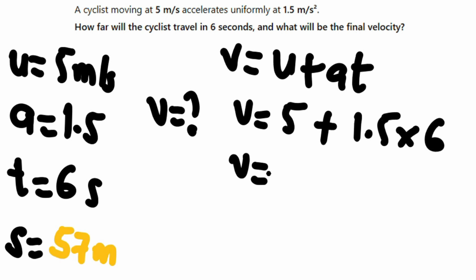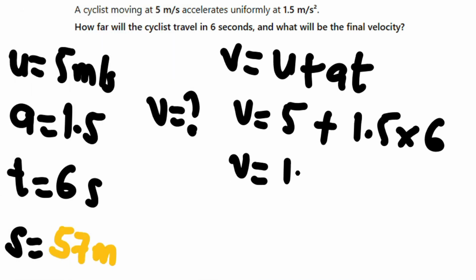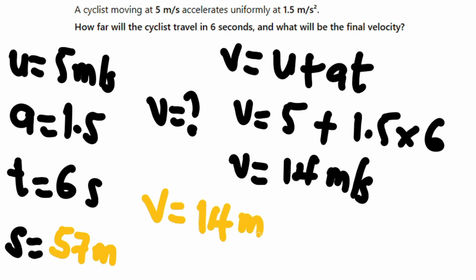So let's bring the calculator back, clear it, do 1.5 times 6, plus 5, equals 14. So you have 14 meters per second. That will be for v. So v is equal to 14 meters per second.